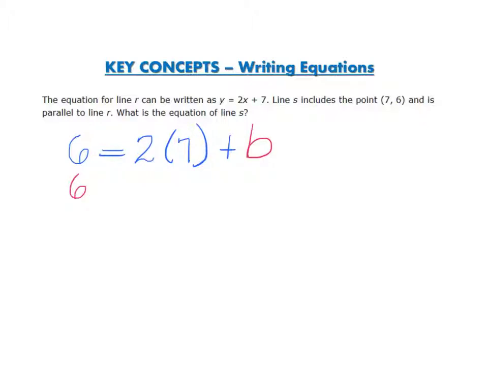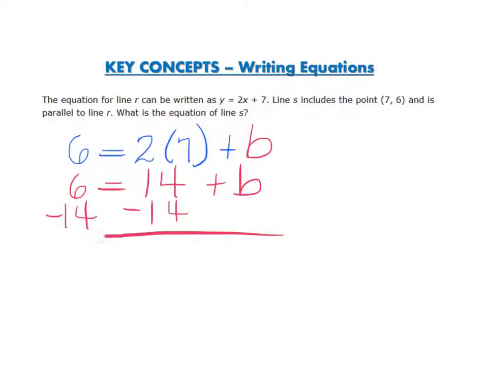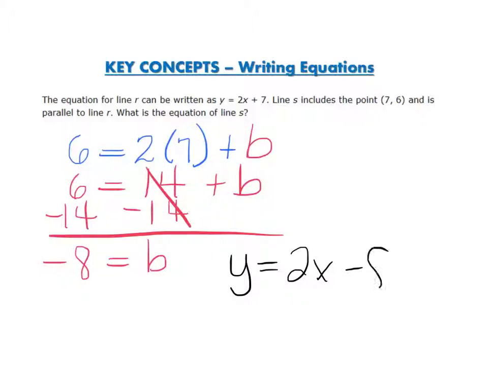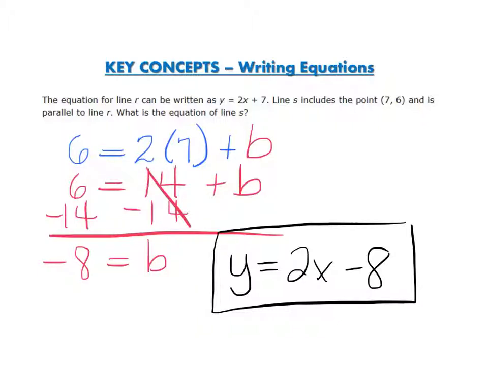So 6 equals 14 plus b. Subtract 14 from both sides. b equals -8. So to rewrite that equation, we just take y equals 2x minus 8. That gives us the equation of the line parallel to y equals 2x plus 7 that goes through the point (7, 6).